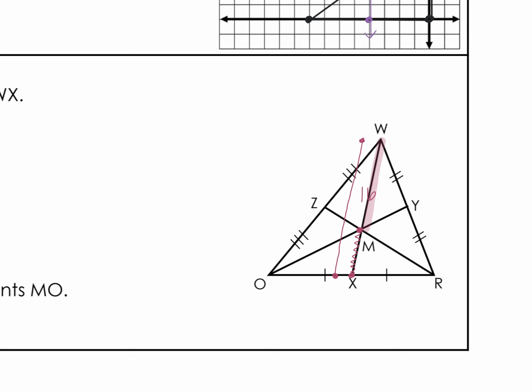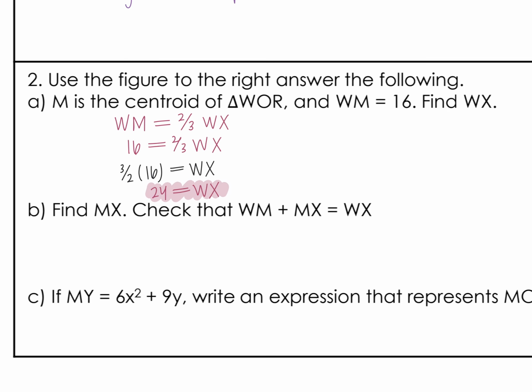And so since the 16 is my 2/3, I can take half of that to get my MX. Okay, so here, my MX is just going to be equal to 1/2 of that WM. So that means that my MX is equal to 1/2 of 16, which just means that MX is 8.